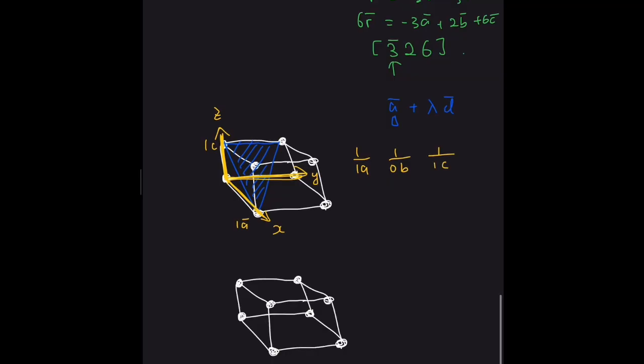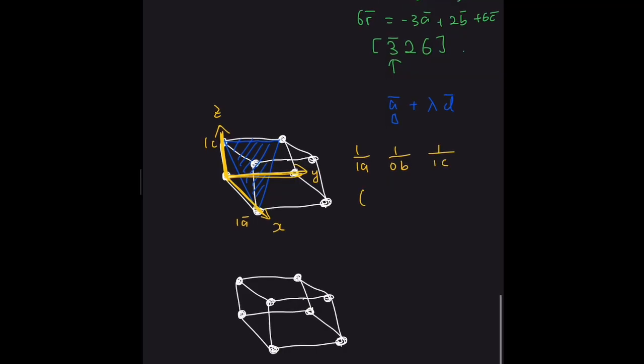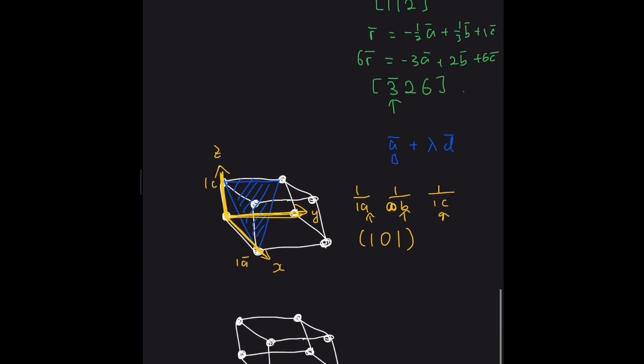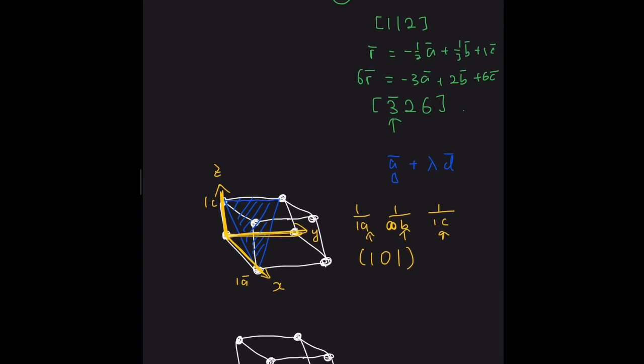And the way we write this is 1 over infinite b, because it doesn't intersect the y-axis. So, and then you just write 0 here and you write 1 here. So again, we don't write in the a, b, and c, because we know what they are. They're just the length of the unit cell, so we don't write them in for simplicity.